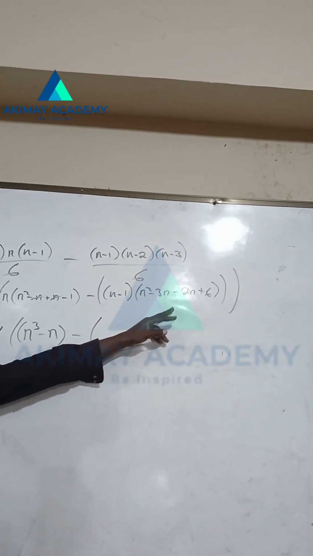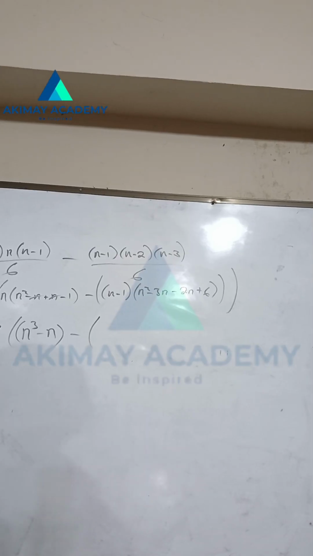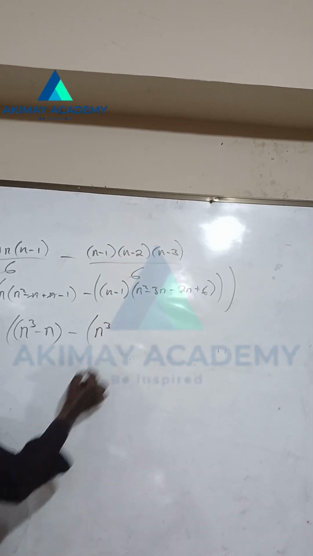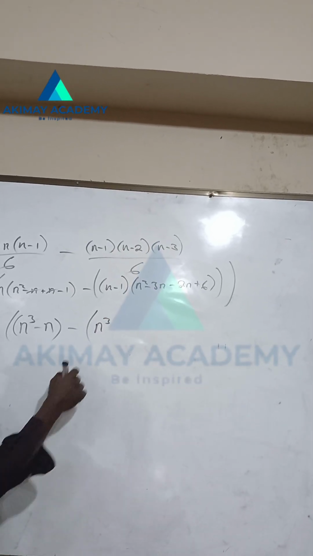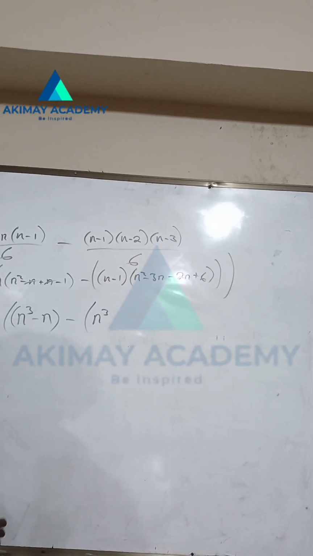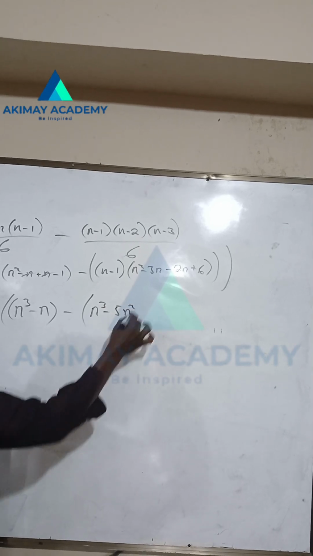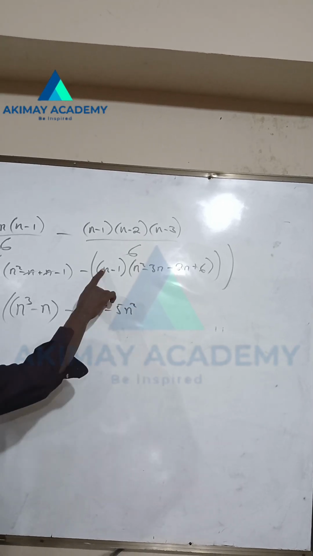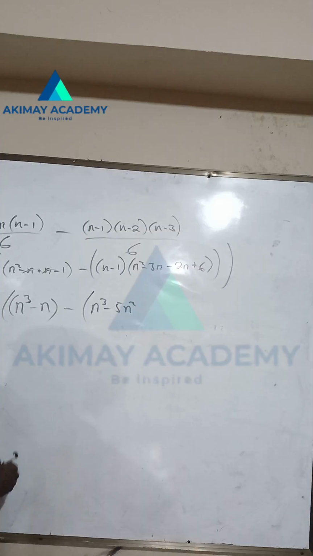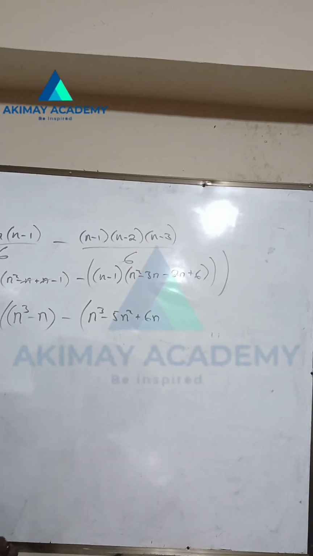Can you see that? So we have n times n squared will give us what? n cubed. Okay. Then n times minus 5n, we have minus 5n squared. Then n times the constant over the numerator, 6n.